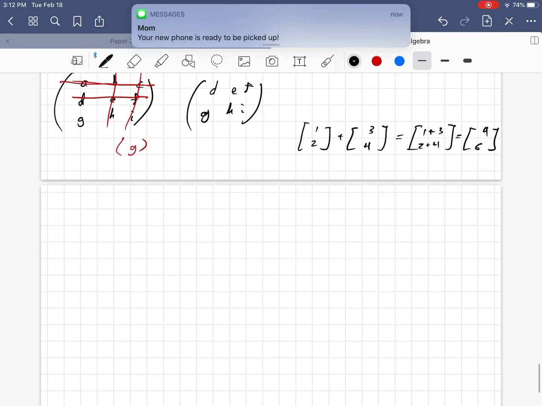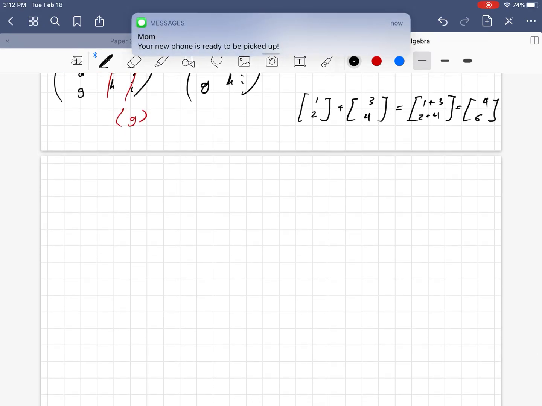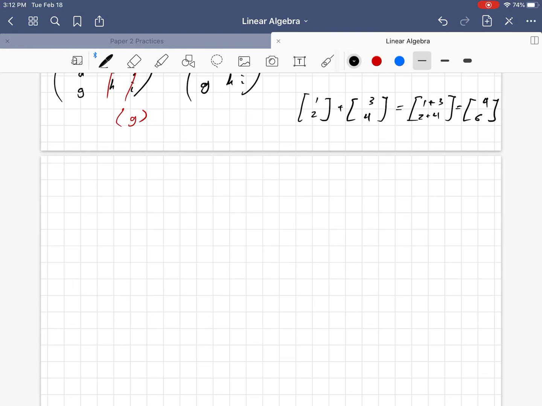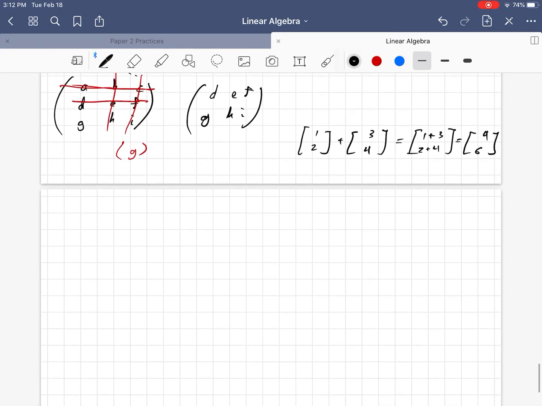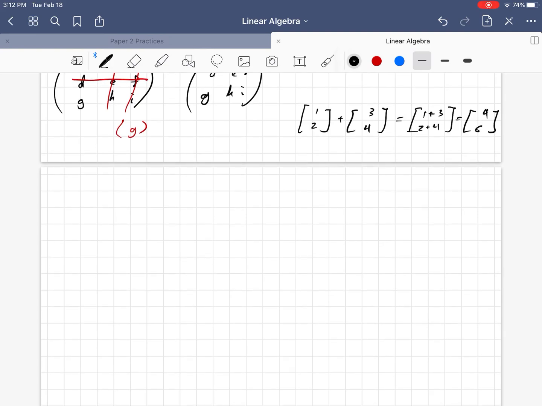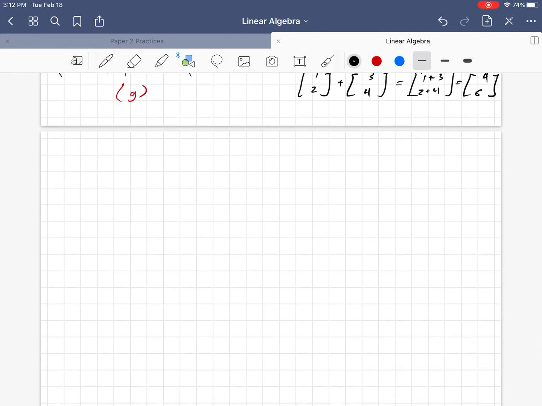They mention a geometric interpretation of vector addition, and I will show that here. I personally don't think of it this way, but if it works for you, it works for you. Let me draw a good diagram here.